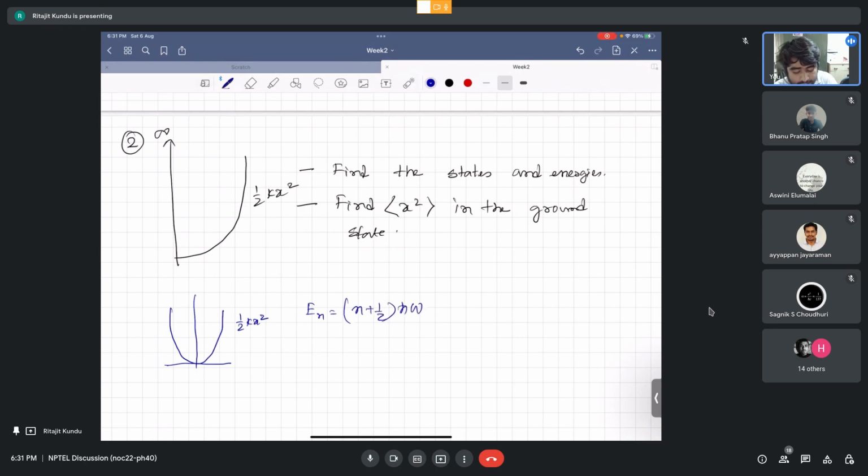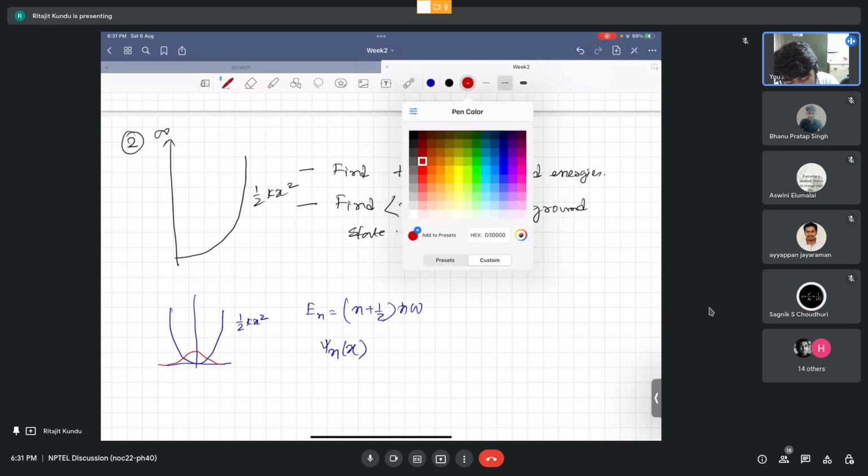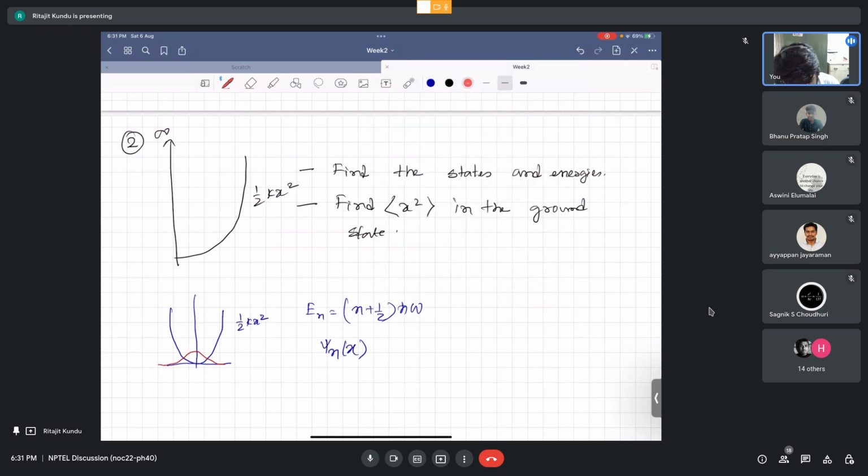And the states, you know the states. They are Gaussian type of things, basically Hermite functions, Hermite polynomials. So how does the ground state look like? The ground state is just a Gaussian kind of thing, and the first excited state looks something like an odd function.